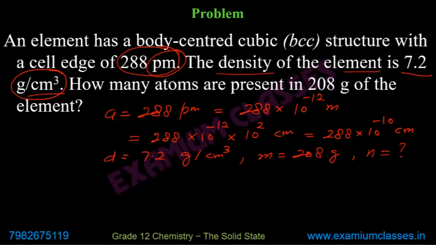Because you know if it is BCC, the value of Z will be 2. And effectively, you can calculate molar mass.